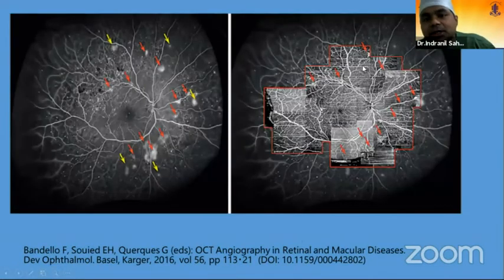This is another comparison of the NVEs that are seen. The red corresponds between the FFA and the OCT-A, but the yellow shows the areas of leakage which the OCT angiogram misses. So peripheral viewing with the OCT angiogram and picking up of details can still be a limiting factor or a challenge.